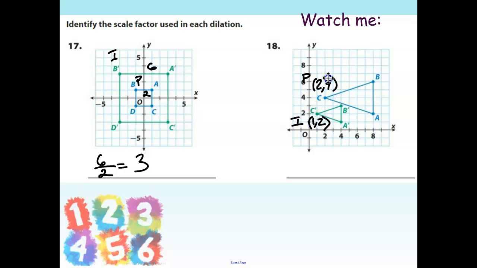Okay, so I'm going to go image over pre-image. So I can take my x over my x and get 0.5. Then I can look at my y's, 2 over 4, and I'm going to get 0.5 there. So my scale factor in this case is 0.5. And look, it's a small number, and guess what? I got smaller from my pre-image to my image.